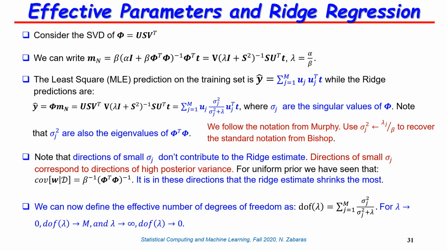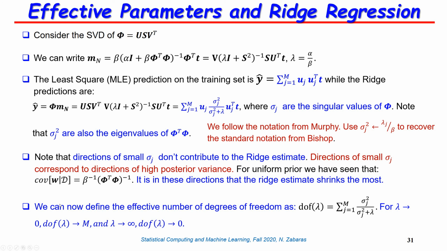So effectively the data cannot compute those parameters, and those parameters are set to 0 by the prior. And it turns out, if you take a flat prior, a uniform prior, that these directions where sigma j is very small correspond to the directions where you have the maximum posterior variance for w.